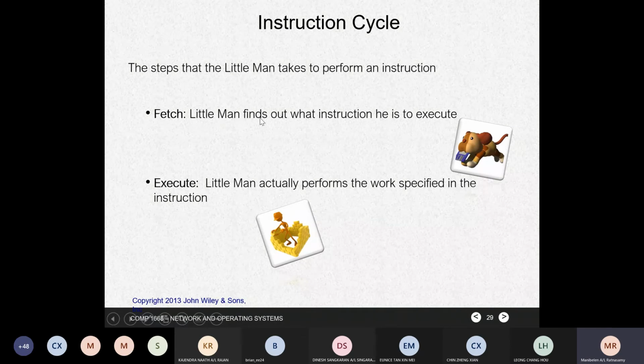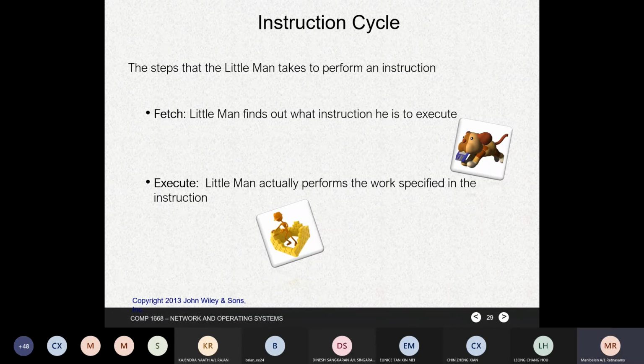Fetch means the little man finds out what instruction he is to execute. Whether you have to take the letter and put it into the mailbox, that is fetch. Or take the letter from the mailbox and put it into the output basket, that is also fetch. Execute is something he has to perform, meaning like a calculation.